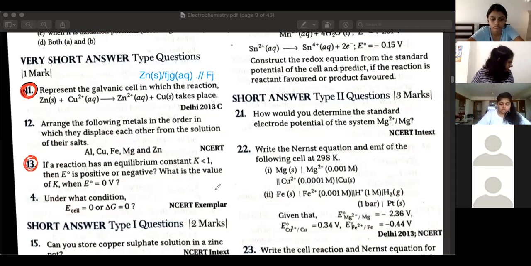Okay, Shantanu sent it, and she sent it on WhatsApp. Yes, Shantanu got it. So you guys also look at question number 13.